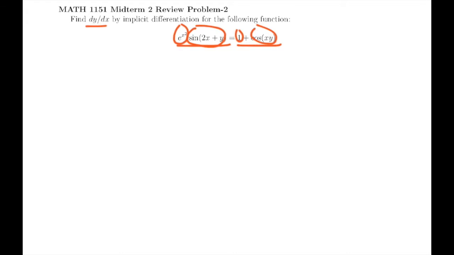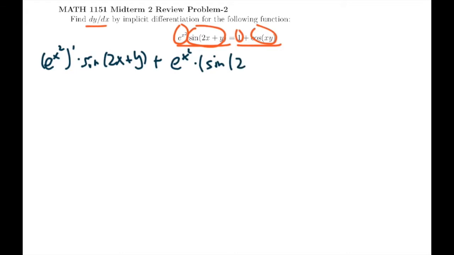Okay, so because, like I said earlier, the left-hand side is the product of two functions, we're going to use the product rule. So that means I will have e to the x squared prime times sine of 2x plus y, plus e to the x squared times sine of 2x plus y prime, equal to the derivative of the right-hand side.